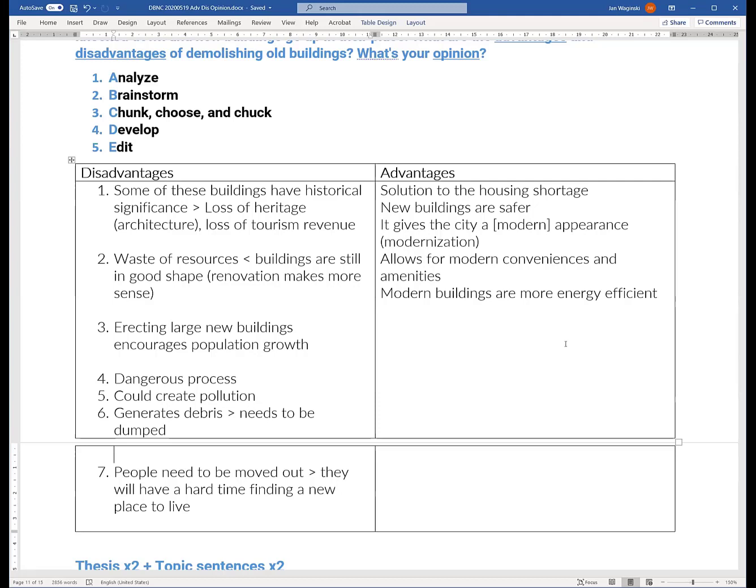Disadvantage for me. Okay. Because with this, I can speak about the historical side and what is important about history for people, for tourism, for income, for finance, for the city. Also if there is any issue about electricity or something like this, we can improve this, but we didn't need to knock down the building. So this is a point I can speak about.